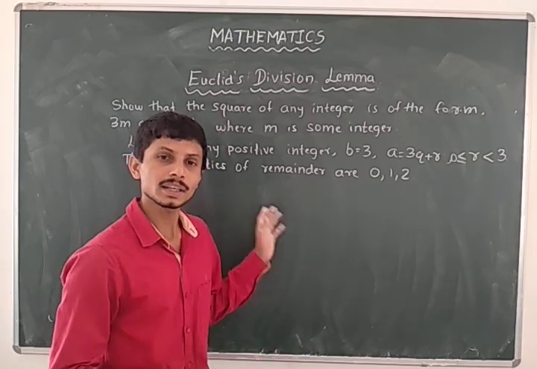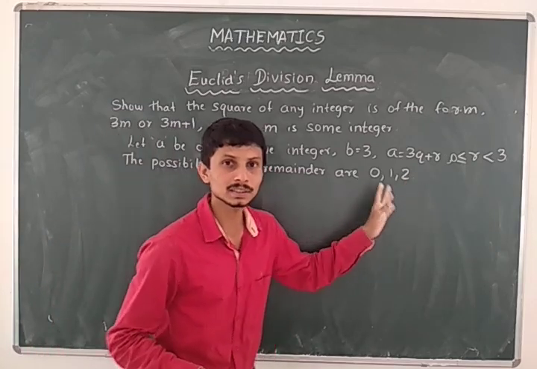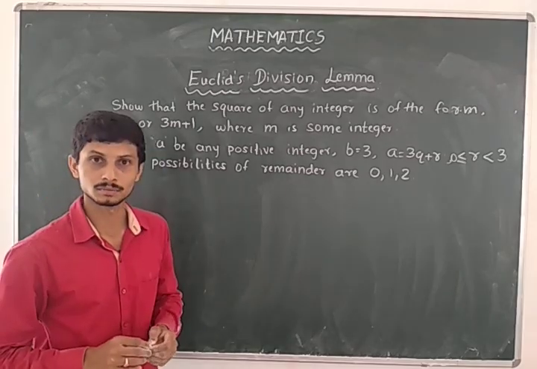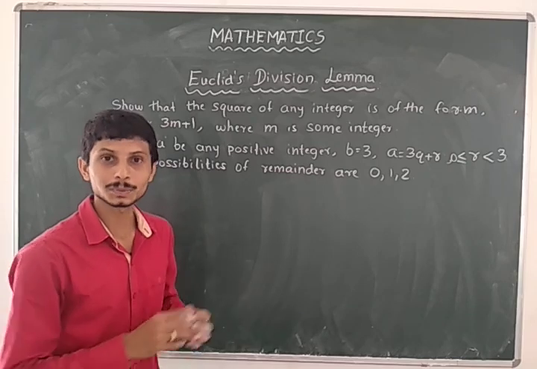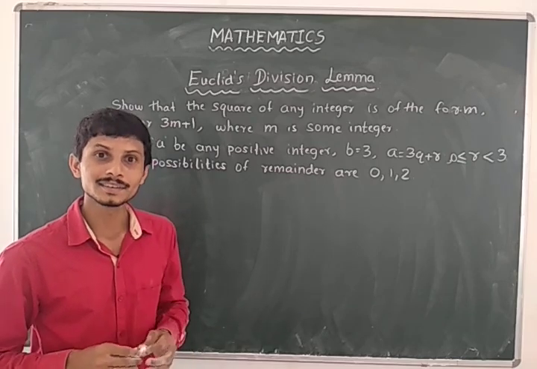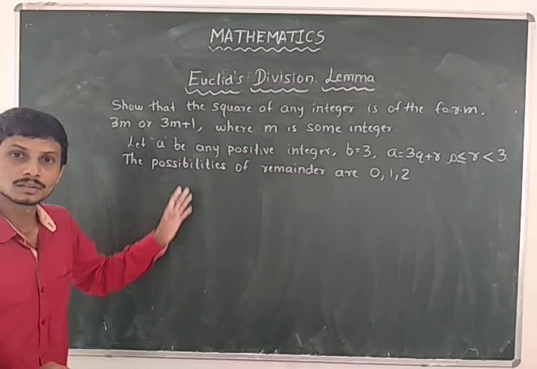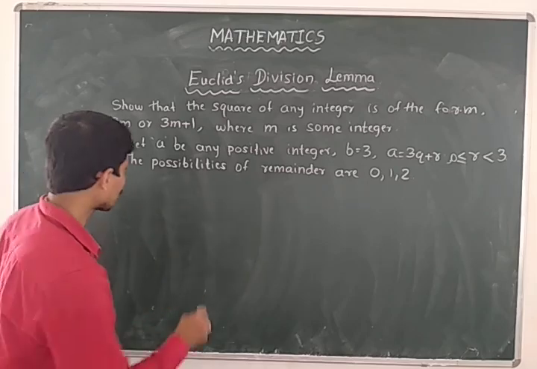But when we take the square of the integer, there are only two possibilities here: 3m and 3m plus 1. So we have to check how it is possible by using Euclid's division lemma. I will divide this blackboard for my convenience into 3 parts.